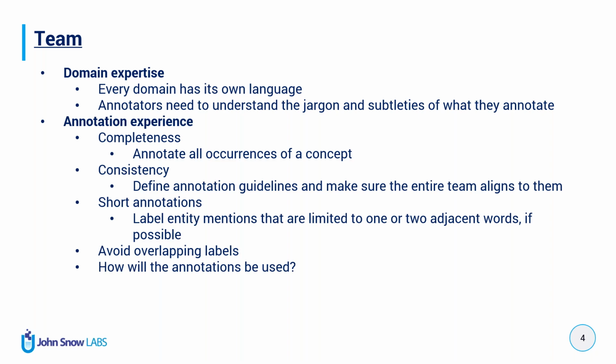Then you have to train those experts on how to annotate documents. And here there are a couple of things to consider and to pay attention to. First of all is the completeness. This is very important: when you annotate a concept within a document, you have to annotate all the occurrences of that concept within the document, because those will actually become positive examples for the model training part.